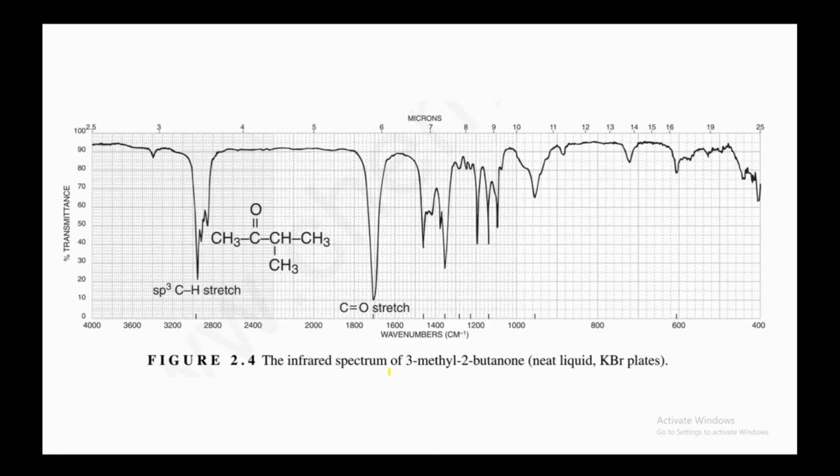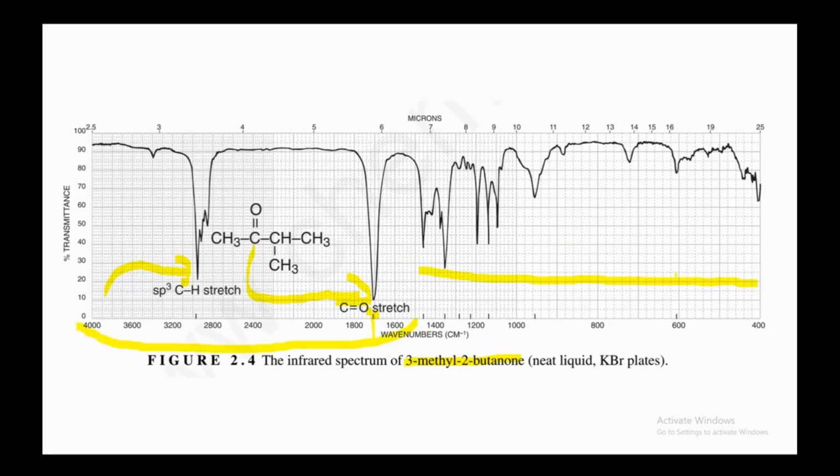This is the spectrum of 3-methyl-2-butanone. This is the sp3 CH peak, this one, and this carbonyl group is this one. As you can see, it's very intense at around 1715. The rest of the signals are in the bending region or fingerprint region, and this is the functional group region.